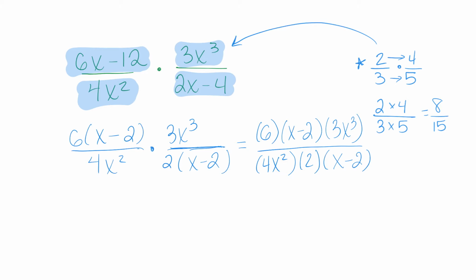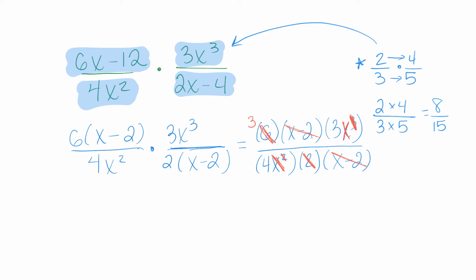So let's see what's in the top and the bottom. I have an x minus 2. I can cancel those out. I have a 2 here that can cancel with the 6, and my 6 will become a 3. Now, you could have canceled the 4 with the 6. It doesn't matter, but you can only use everything one time. This x squared in the denominator, I can cancel with this x cubed and just have one x left.